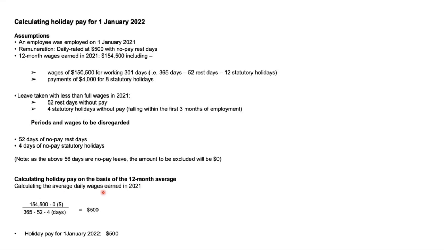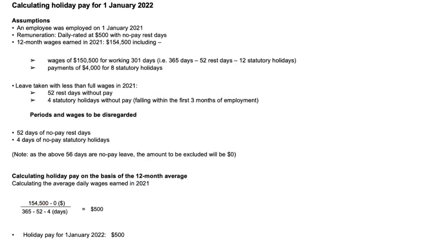So calculating of the holiday pay on that basis of 12 months average wage is calculating the average daily wage earned in 2021 will be something which is here, right? 154K, which is 500K as well, Hong Kong dollars minus the zero because there's no wage which is calculated as the disregarded wage here, and 365 days minus 52 days of no pay rest days minus 4 days of no pay statutory holidays.